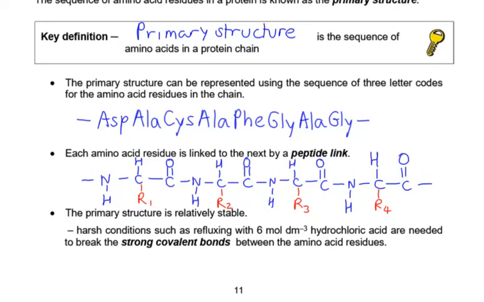So in glycine, if R1 was glycine, you'd have a hydrogen atom. If R2 was alanine, you'd have a methyl group. And if R3 was cysteine, you'd have a CH2SH group.